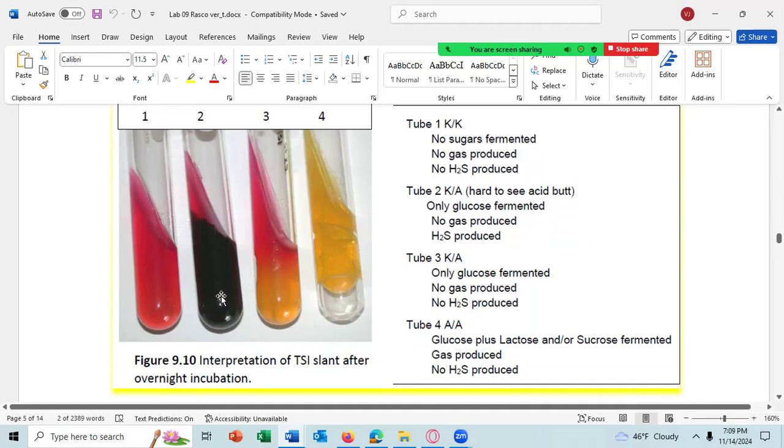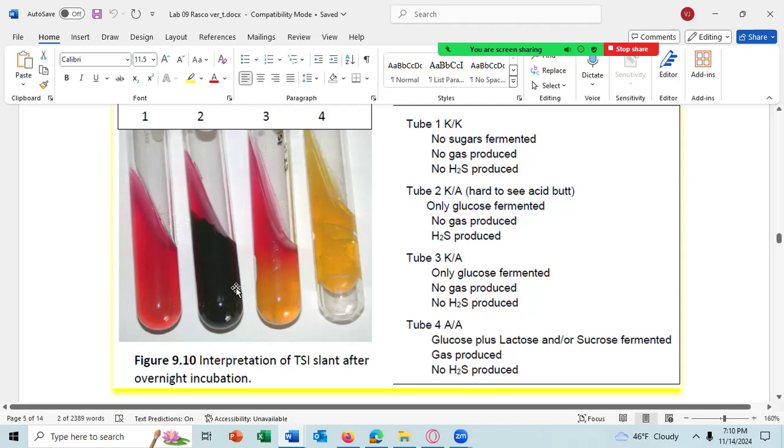You just can't see it because hydrogen sulfide is produced only when the sugar is fermented. In this case, only glucose is being fermented because the slant is red and the base is black, meaning it's also yellow, if you could see the yellow. Any question about tube 2?